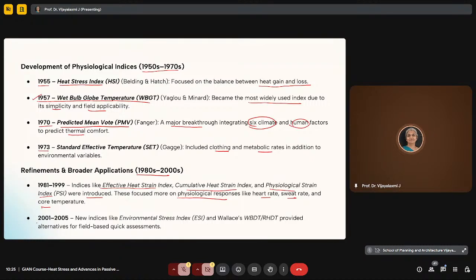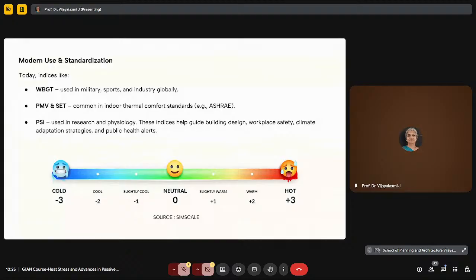In the past 20 years, new indices like environmental stress index and Wallace's wet bulb dry temperature provided alternatives for field-based quick assessments. You can have meters, place them, and without any computation, get the values. Now we will see what happens in the modern period.